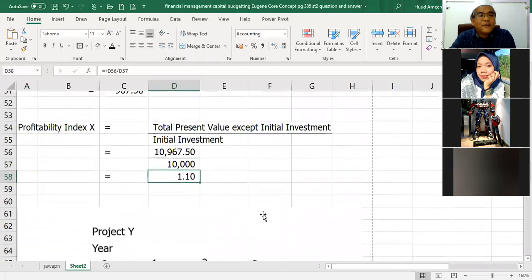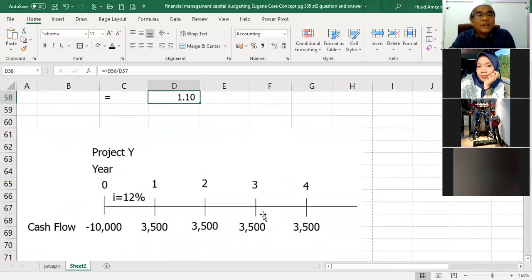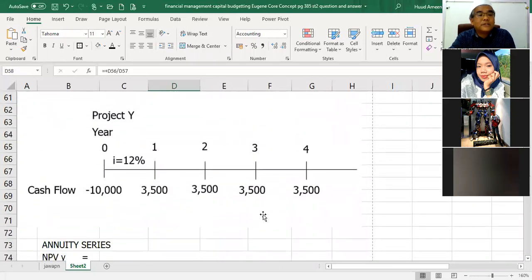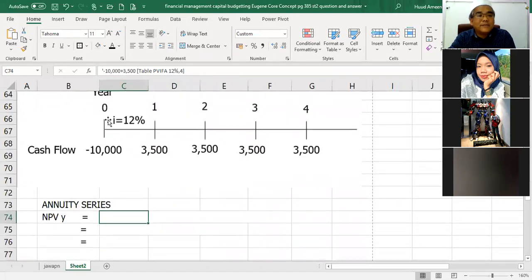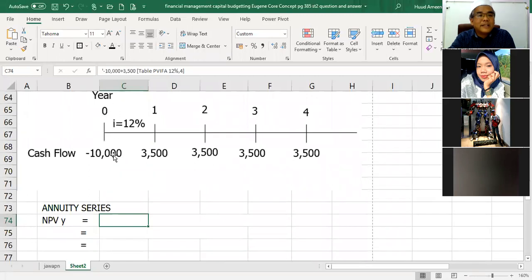And for project Y, it's very easy because you use the annuity series, the same amount every year except for year zero. Because you calculate at year zero, the 10,000 is the same amount and does not vary.